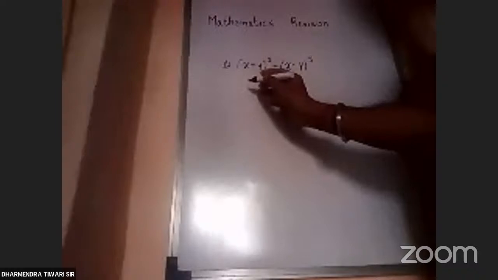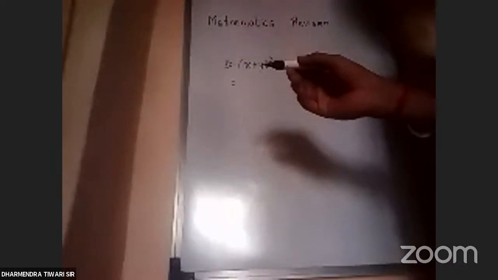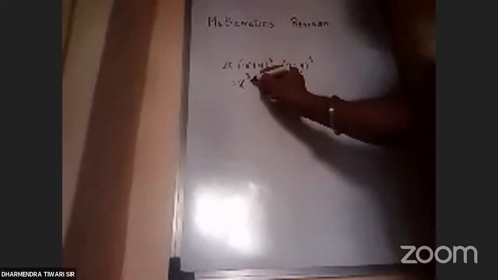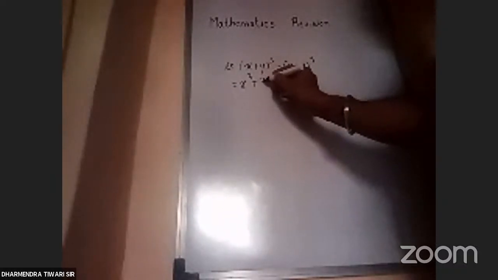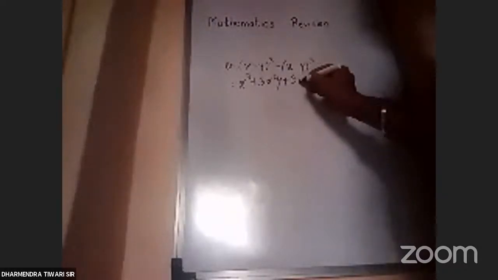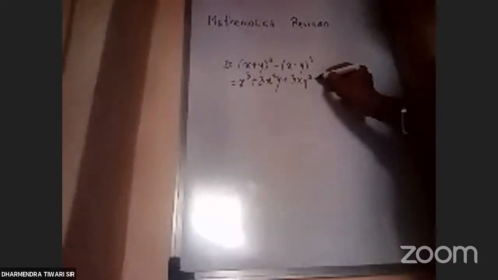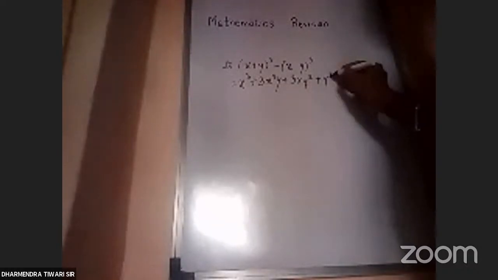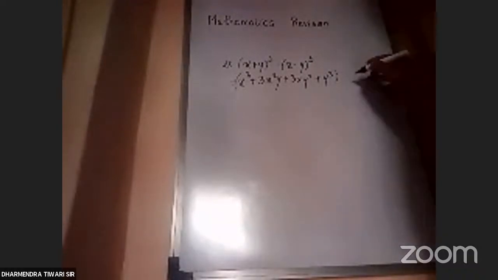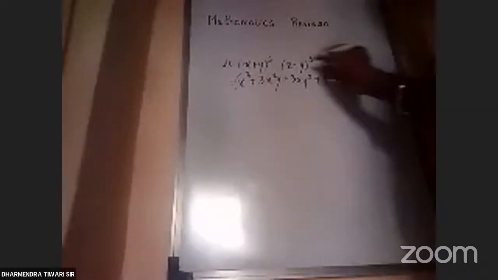So the formula for x plus y the whole cube is x cube plus 3x square y plus 3xy square plus y cube in bracket, minus in bracket.